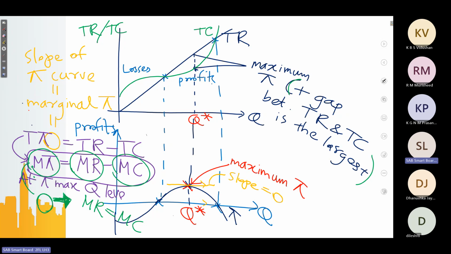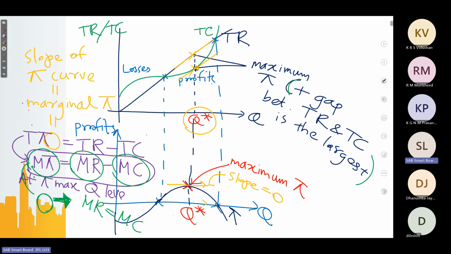Similarly, as we did here, we can draw tangent lines to measure the slope of curves. If we draw a tangent line to the total revenue curve at the profit maximizing output level, it looks like this. And if we draw a tangent line to the total cost curve, it looks like this.